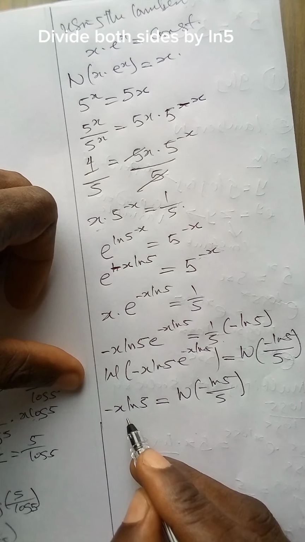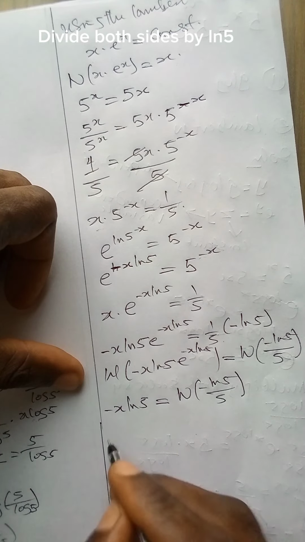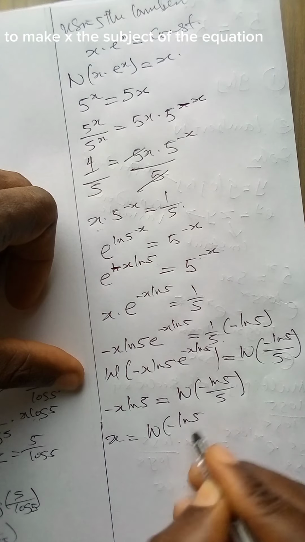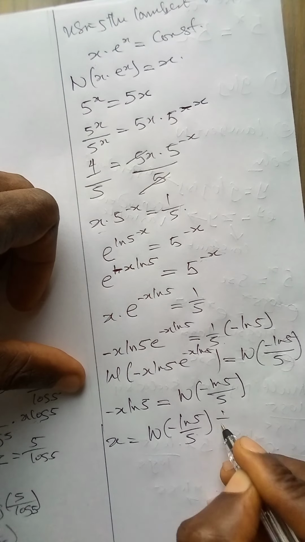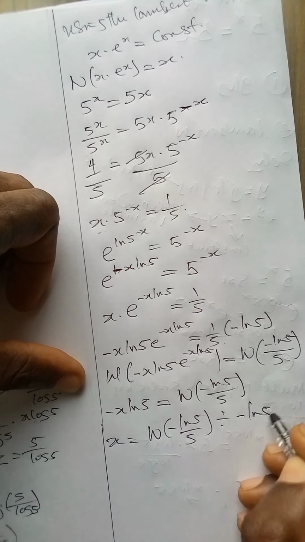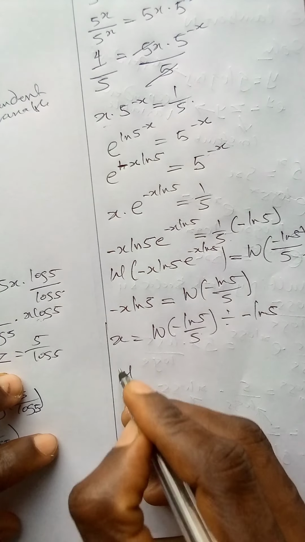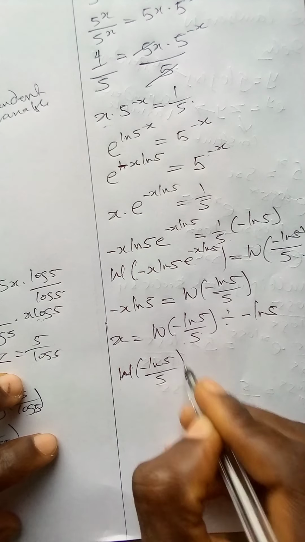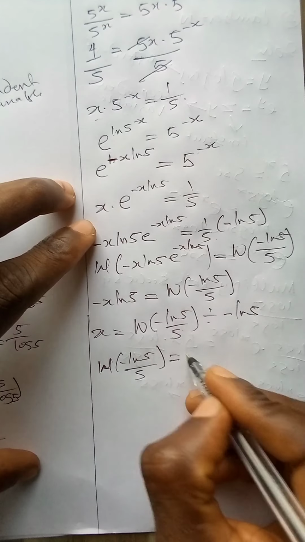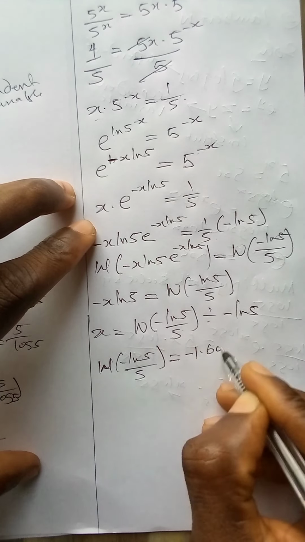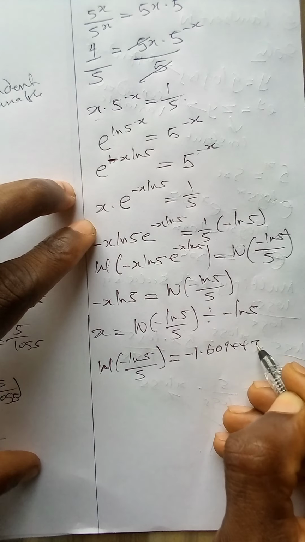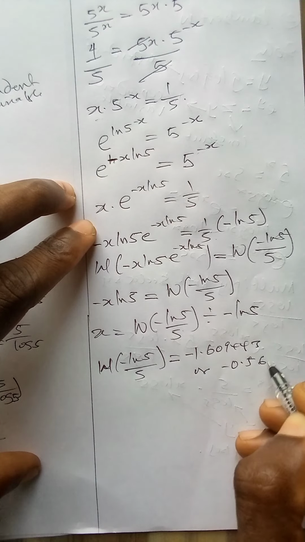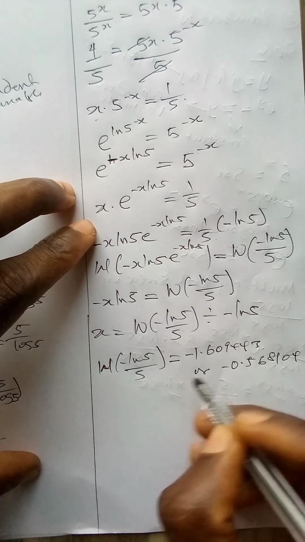We now need to divide both sides by minus ln 5. So x will now be W of minus ln 5 over 5 divided by minus ln 5. This constant, W of minus ln 5 over 5, will give us minus 1.609443 or minus 0.568104.